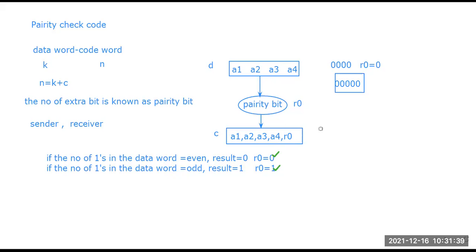On the sender side, we calculate a value R0, which is known as the parity bit. On the receiver side, we calculate S0, which is known as the syndrome bit.